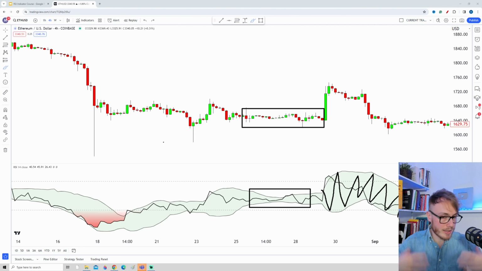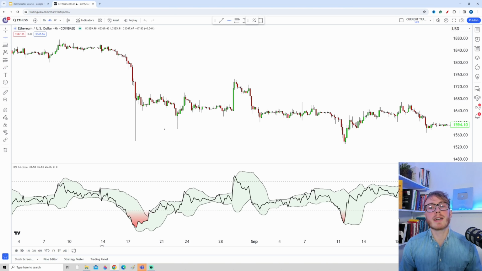But here, as with many other technical variables, we don't want to buy something just because we see something happening with the momentum. We want to combine momentum with other technical variables. And I will talk about that very soon when we take a look at a trading example. On this particular chart, we actually found a very interesting trade.